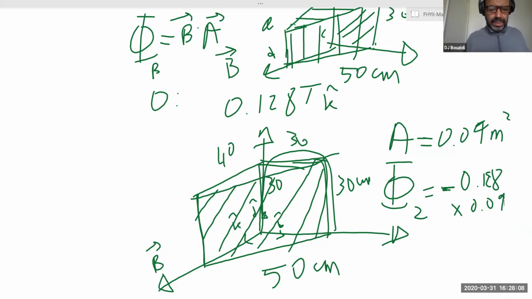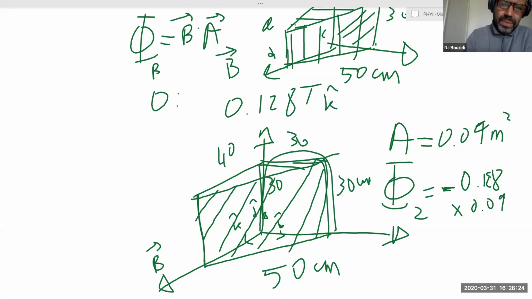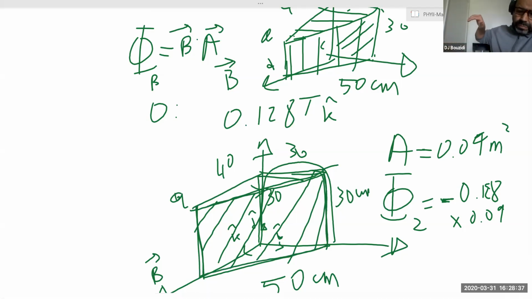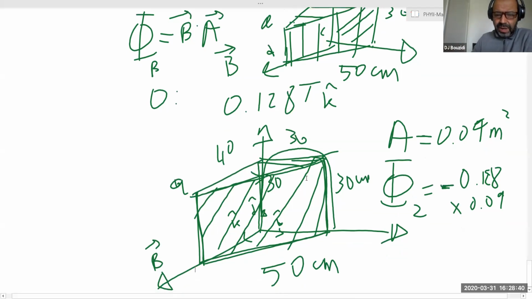So let me go through the question again. It says A, which is the top, going to E, and then F and D. The way they are describing it is going from this point, which is A, to this point, going this way, coming down and going back to the point in here. So the magnetic flux now matters.